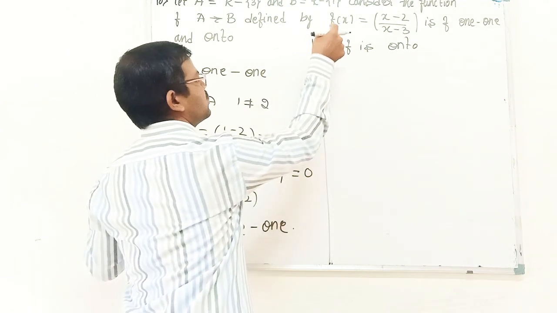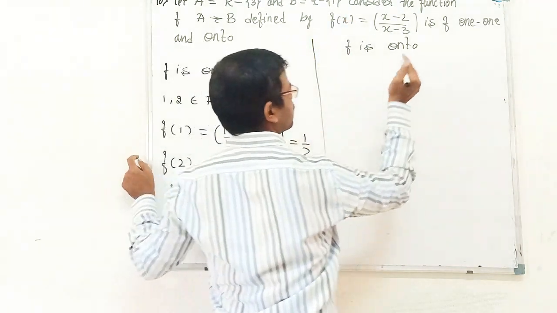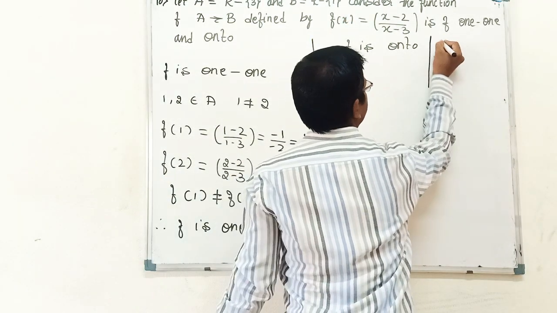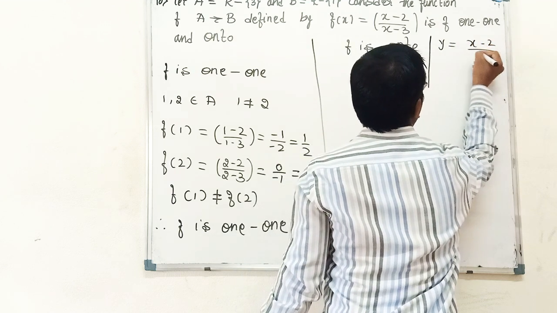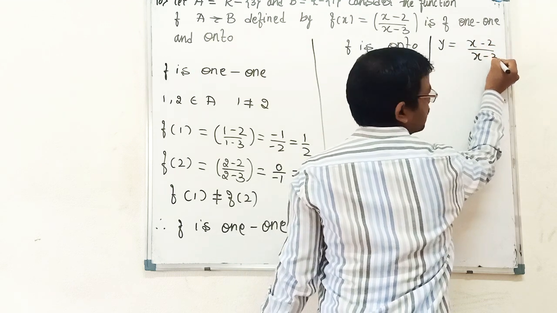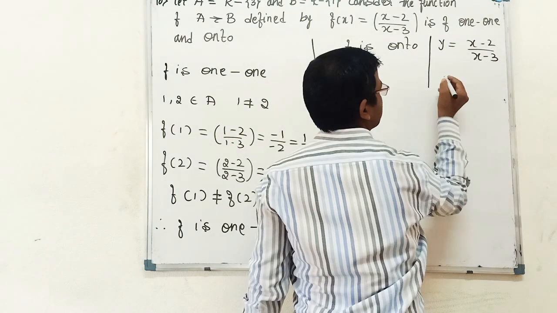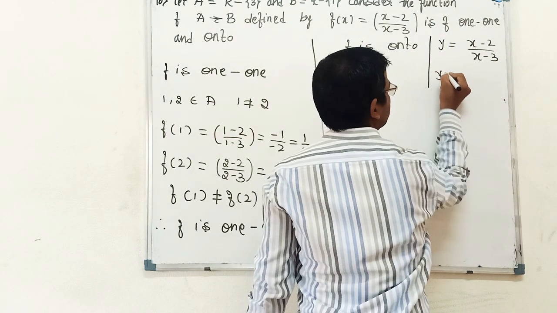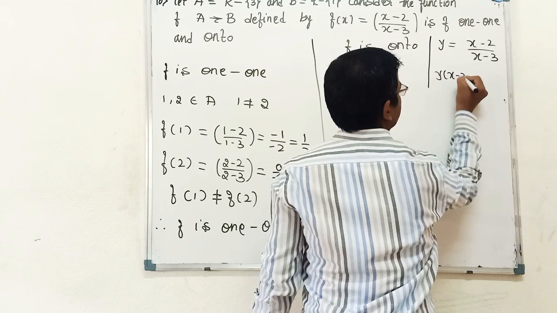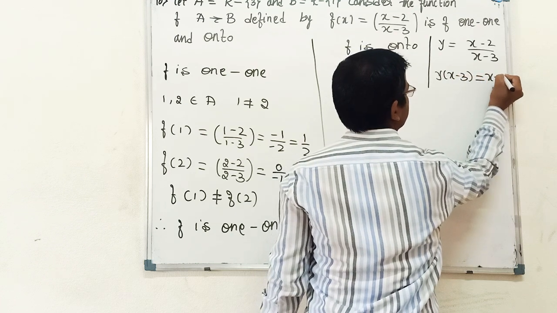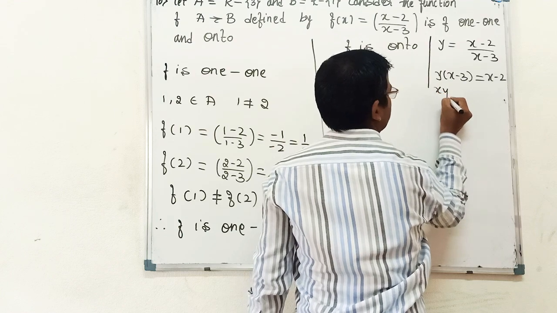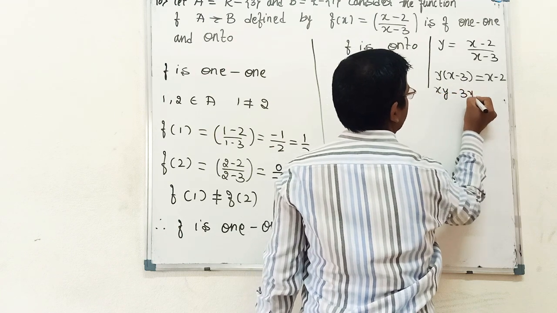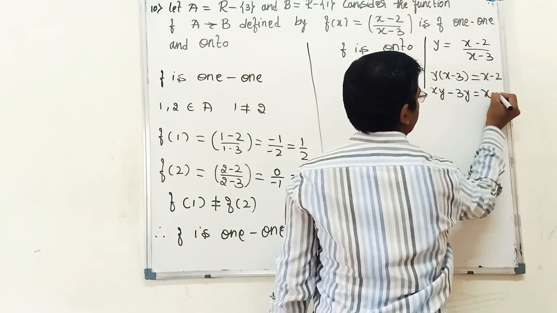Because we have the actual definition of the given function. So we modify that: y is equal to x minus 2 divided by x minus 3. Cross multiplied, y into x minus 3 is equal to x minus 2. Simplify here. So xy minus 3y is equal to x minus 2.